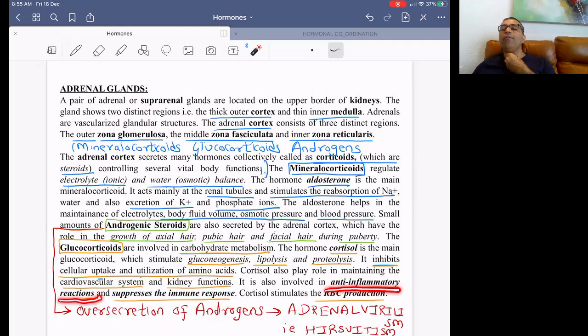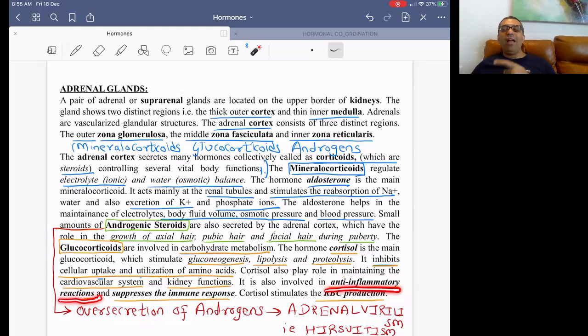As a matter of fact, if you have asthma, in asthma there is an inflammation of your trachea and bronchi, and you may have bronchitis, and inflammation of the bronchi takes place, and that is inhibited by cortisol.